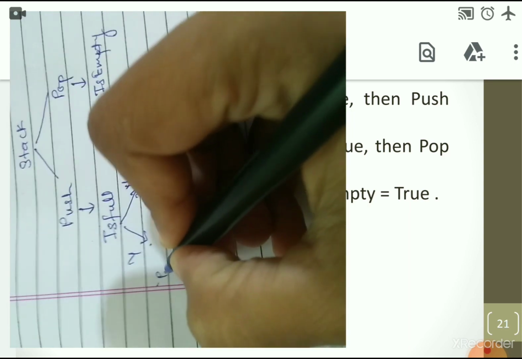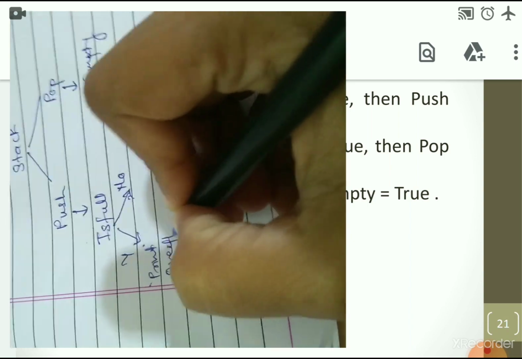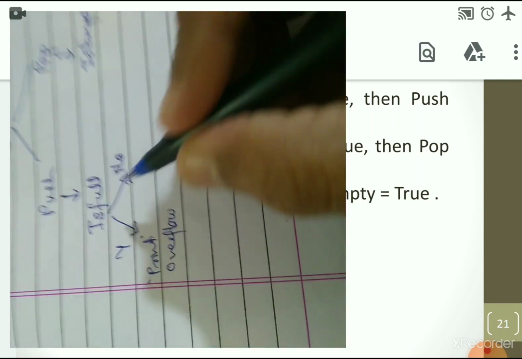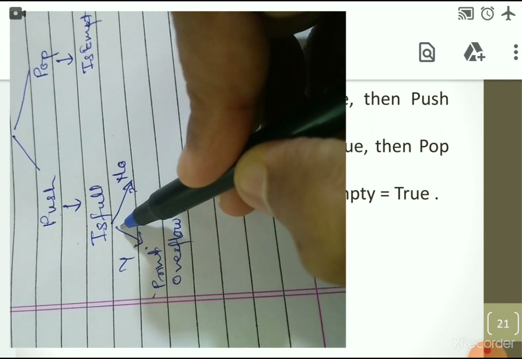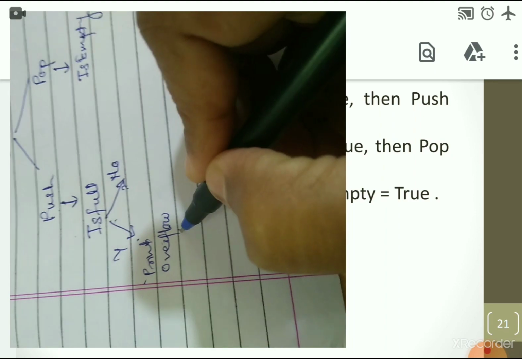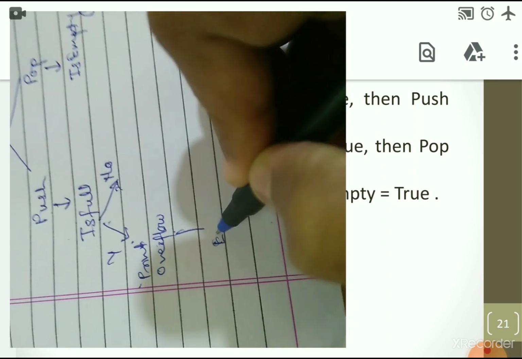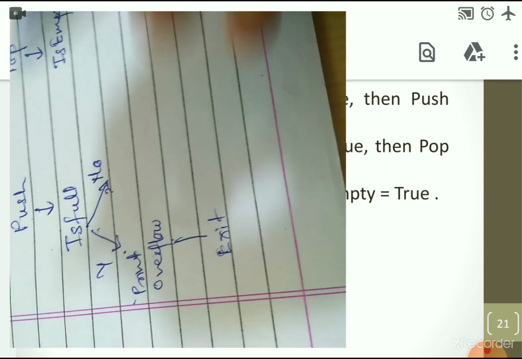You have to just print overflow and exit. If it is not full, then you have to insert the element.